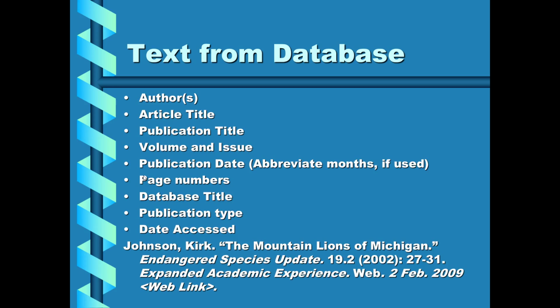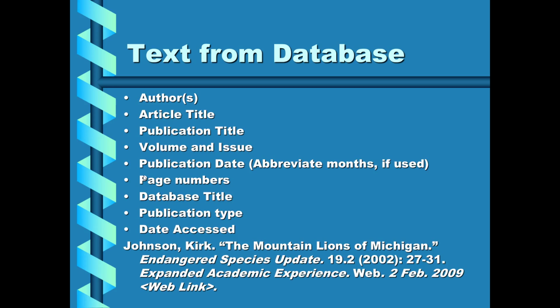If it's that case, as I've done in this example, you would put the word web after the title of the database. However, if you were able to get your article as a PDF file, which is the preferred method, because then it would maintain all of the original page numbers, then in place of the word web there, you would just put PDF file or PDF, whichever you prefer.